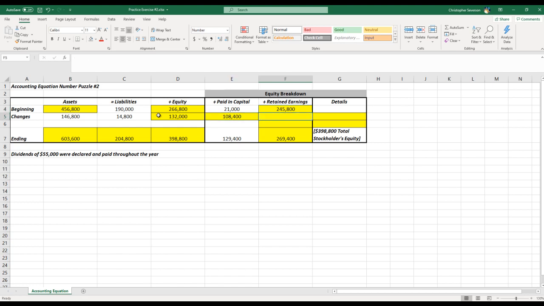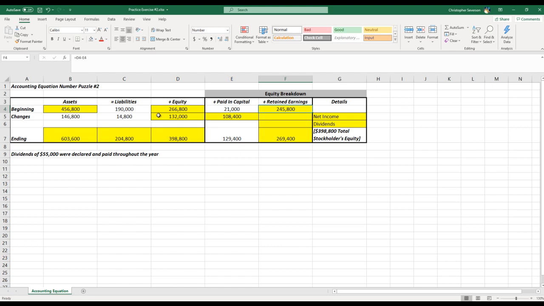Now we're down to the last two pieces. By the way, these last columns, these are details. This would explain what portion of retained earnings we're calculating. So in this case, we know that retained earnings, the changes would be related to net income or dividends. You go through that retained earnings statement.